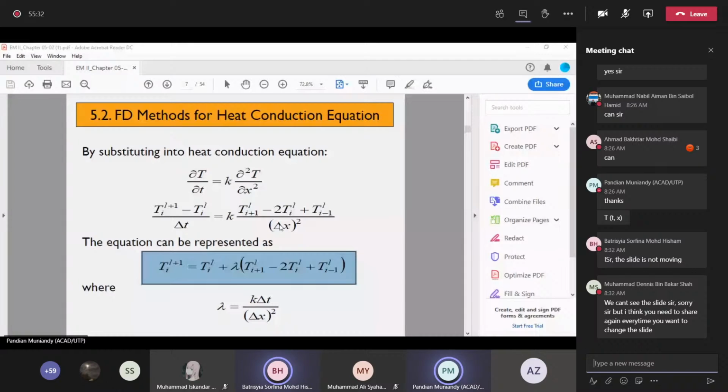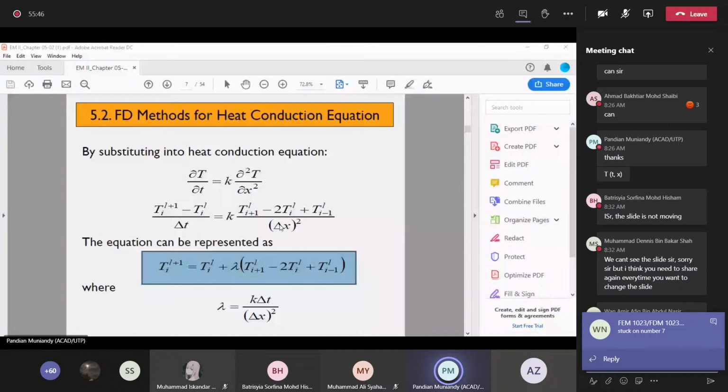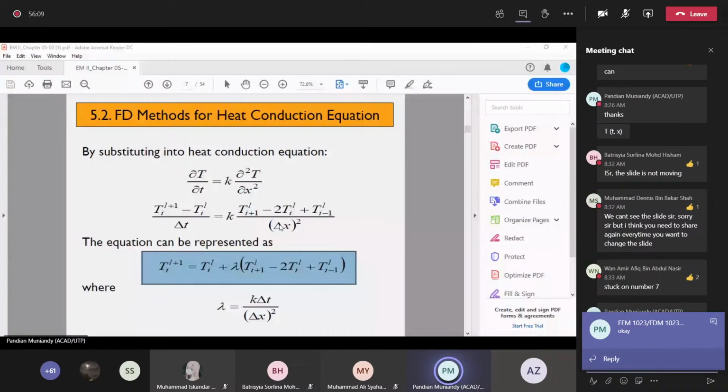Sorry for interrupting again, but your slide is not moving. Oh, slide number 8 now? Right now we are in slide number 7. So that means every time I have to share again? Yes, sir, I think you need to share again every time you want to change the slide.